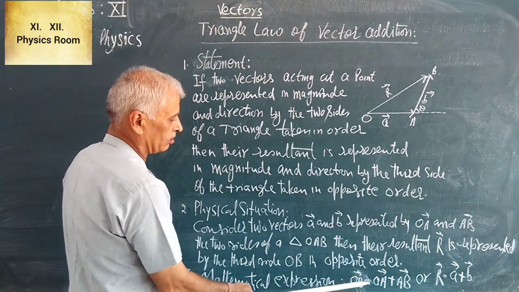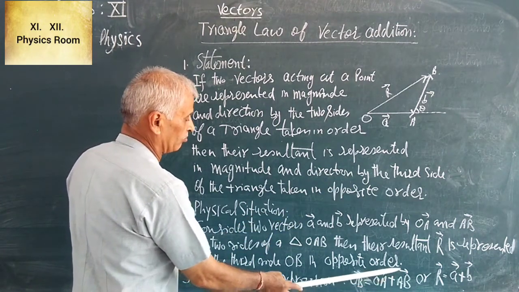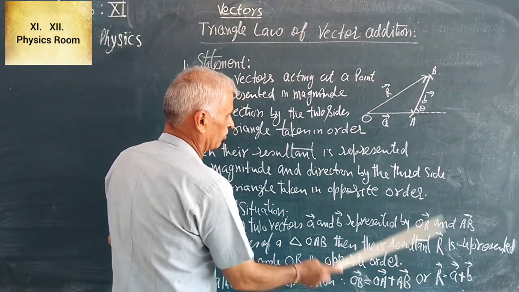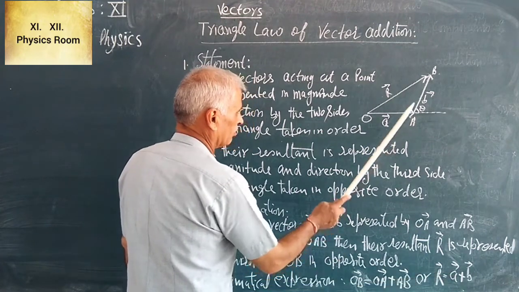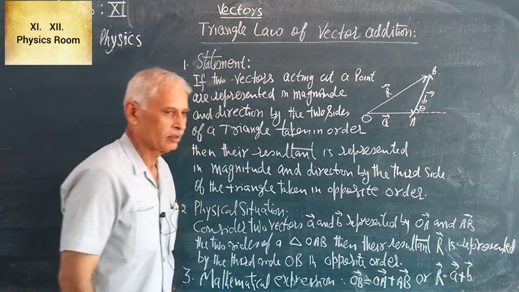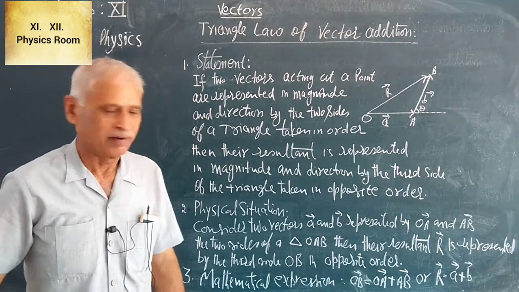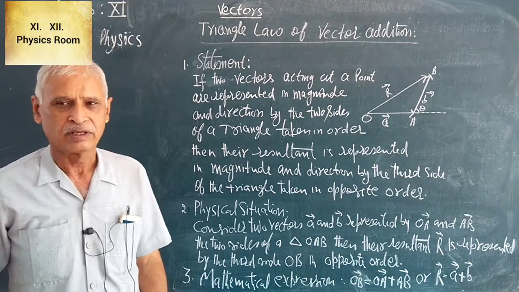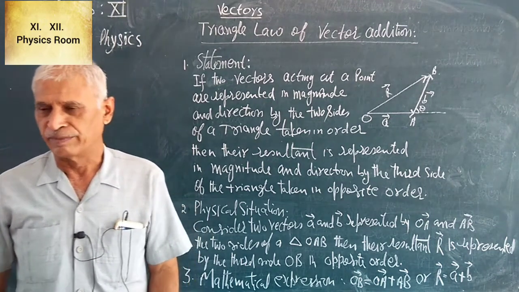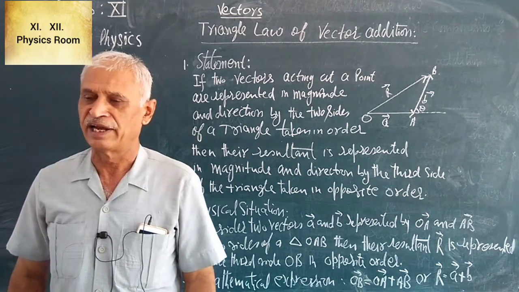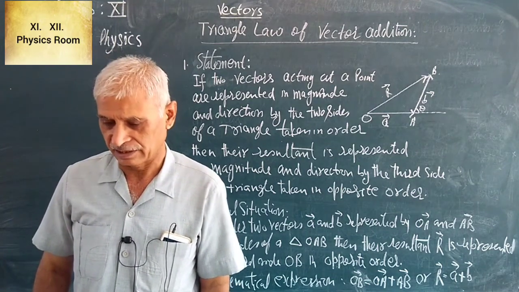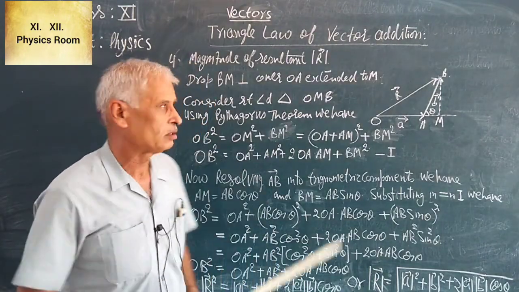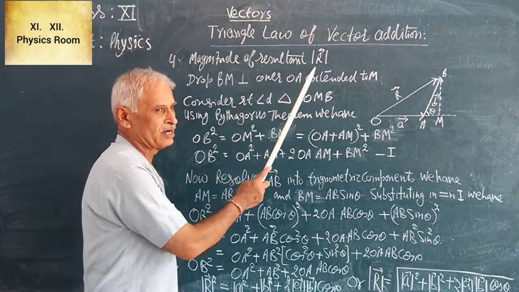Vector OB is equal to vector OA plus vector AB, or we write vector R is equal to vector A plus vector B. Now we have added two vectors, vector A and vector B, and the resultant is vector R. Now we have to find out magnitude of resultant and direction of resultant. So let us see. Let us find out magnitude of resultant R.